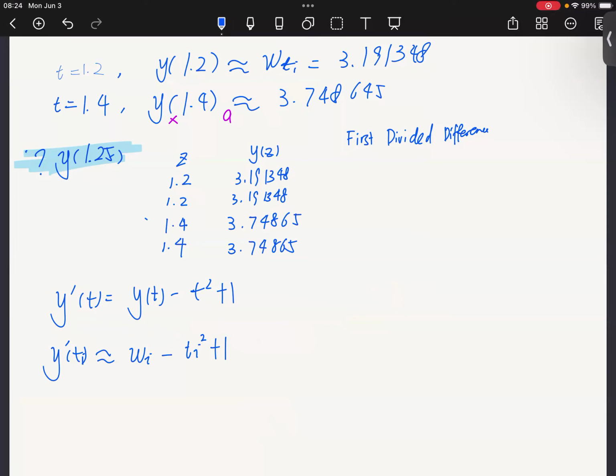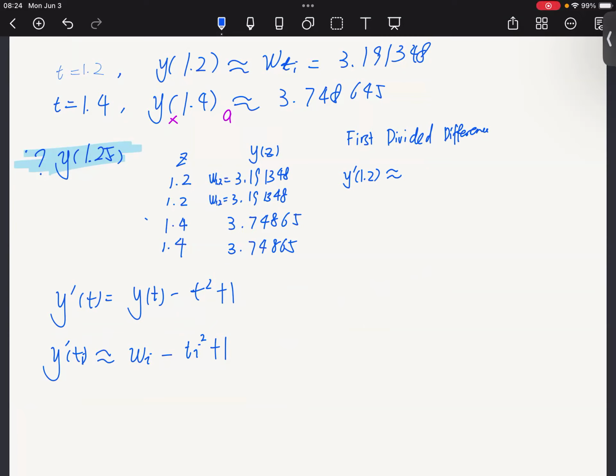Which means that, originally this one should be Y prime 1.2, and it's approximated by Wi. The Wi here should be W at 1.2, the W at the 1.2 point. This is the 1.2.